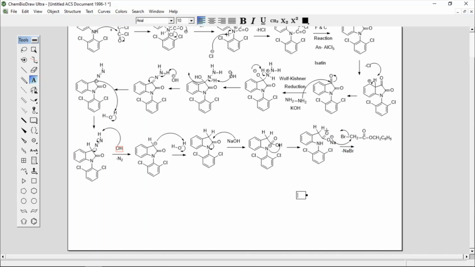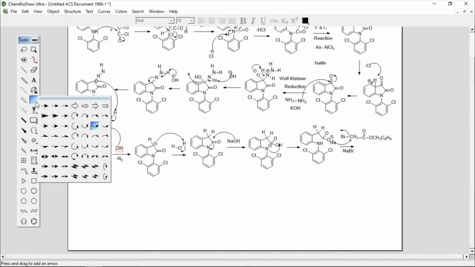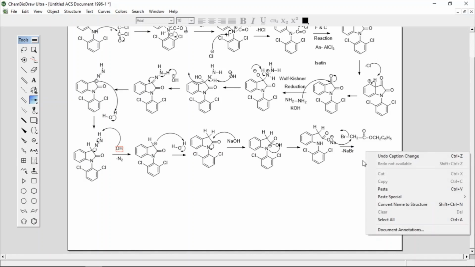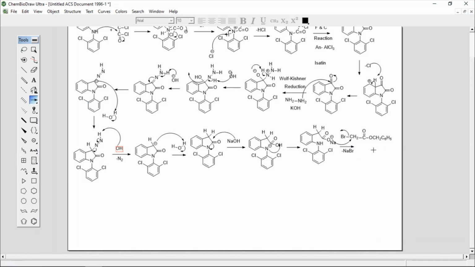Then this OH minus forms a bond with this carbon CH2, and the final product will be like this. I will show you that final product.